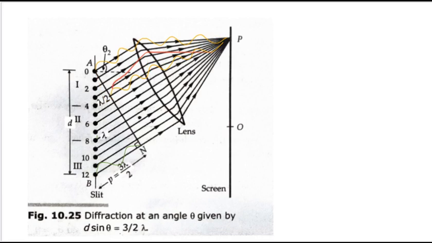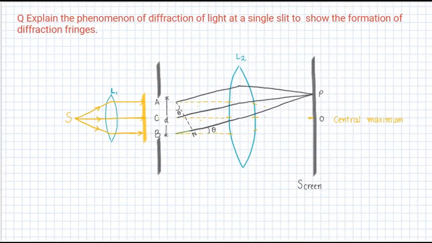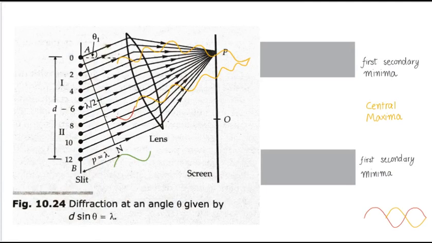But if you notice for the point 4, there is an extra path difference coming into this picture. Just like in your destructive interference, there was an extra path difference coming into the picture. And how much was the path difference? Lambda by 2. Let me go back. Yes, see, there was an extra path difference coming into the picture. And how much was this path difference? Lambda by 2.